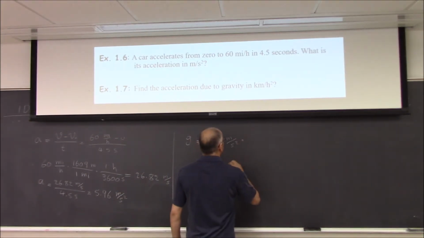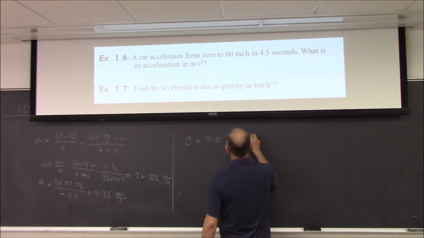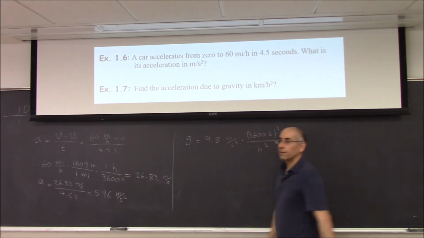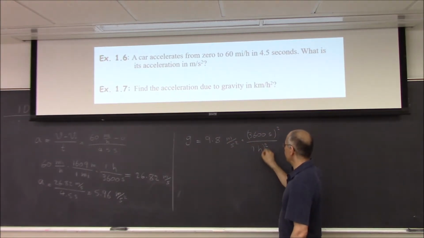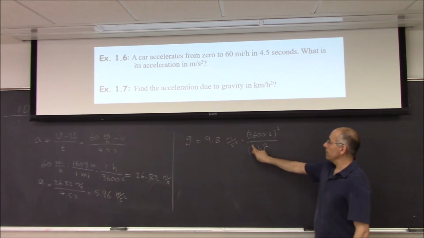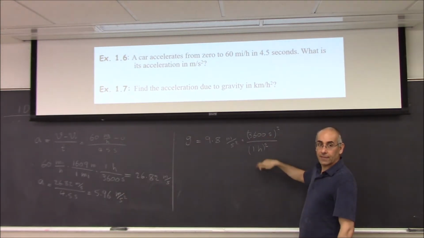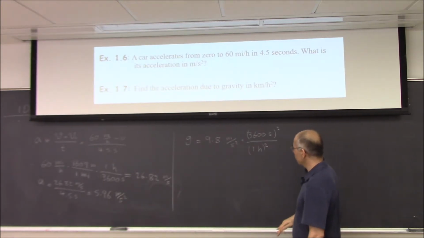You multiply by 3600 seconds in each hour, but because seconds is squared, you square that, per hour squared, 1 hour squared. See, because you have seconds squared, you have to put twice that factor, multiplying.